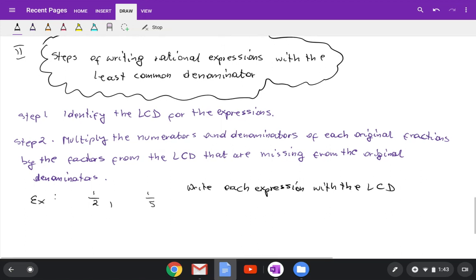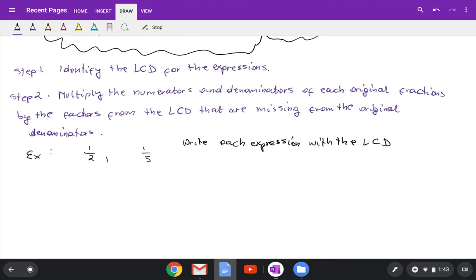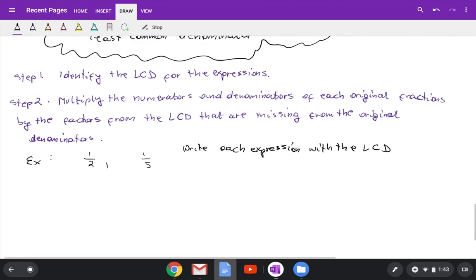Maybe it looks complicated, but I want to explain it based on that easy example. So step number 1, you have to identify the least common denominator. The LCD of 2 and 5, we know it's 10. 10 can be divided by 2, 10 can be divided by 5. Okay, so it's 10.